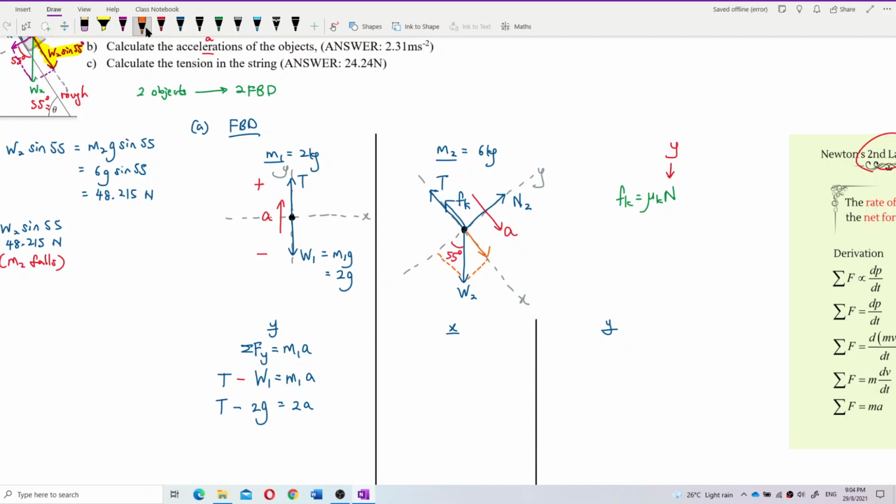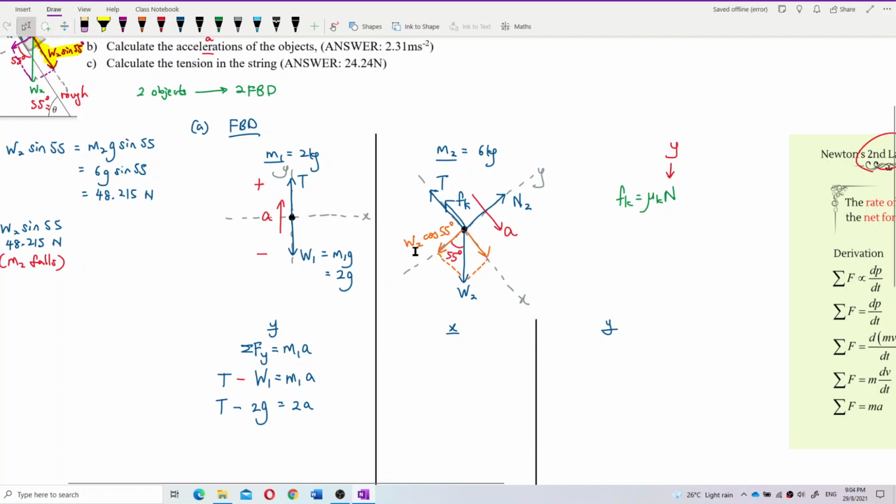Look at the y component first. The y component is adjacent to the 55 degree angle, so it is cosine theta. So we put W2 cosine 55. Why cosine? Because it is adjacent to the angle.